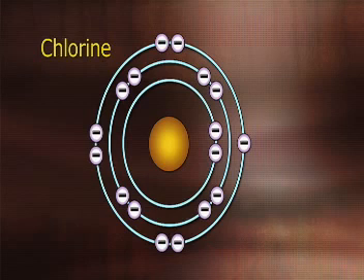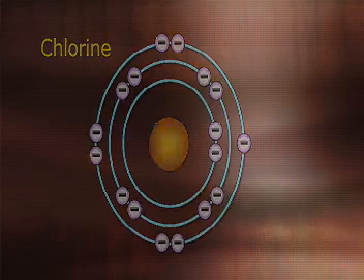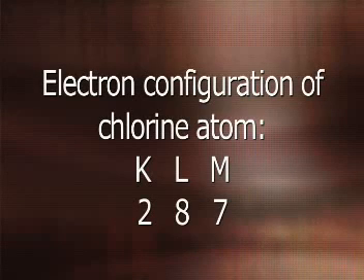The first 2 shells have the maximum number of electrons possible, while the outermost shell holds the remaining 7 electrons. The layout of these electrons is called the electron configuration of the atom. In the case of a chlorine atom, this is expressed as K2L8M7.